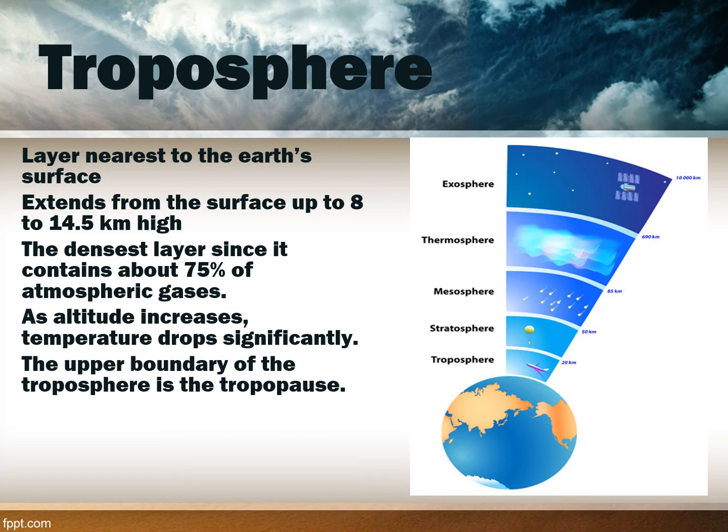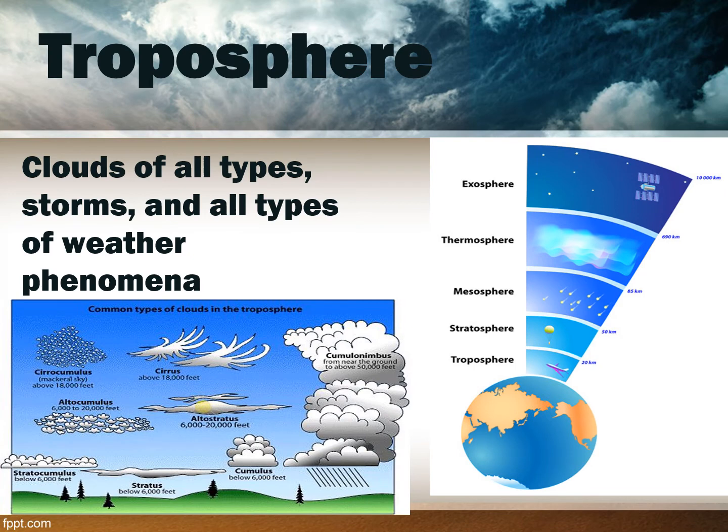So while we are going up the troposphere, again, there is a significant drop of temperature. So it's getting colder. In the troposphere, all cloud types, storms, and all the weather phenomena happen.